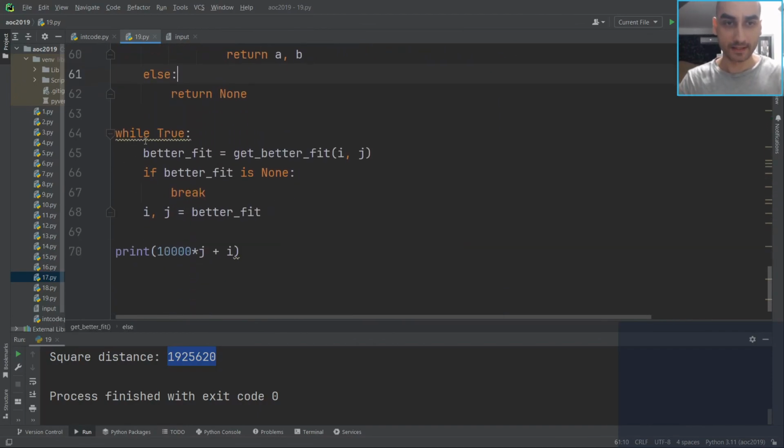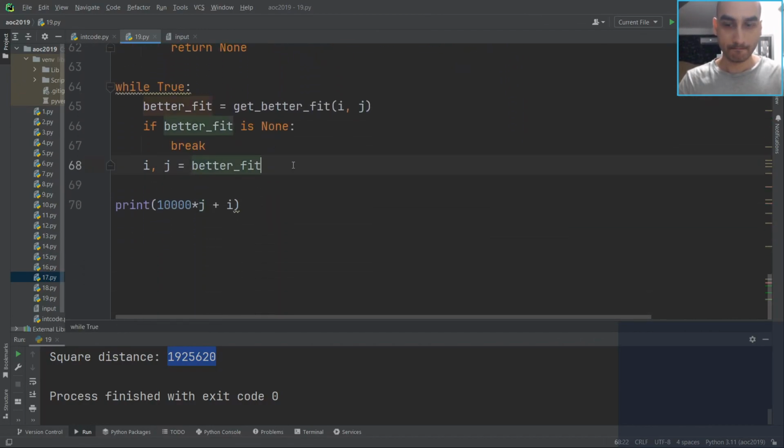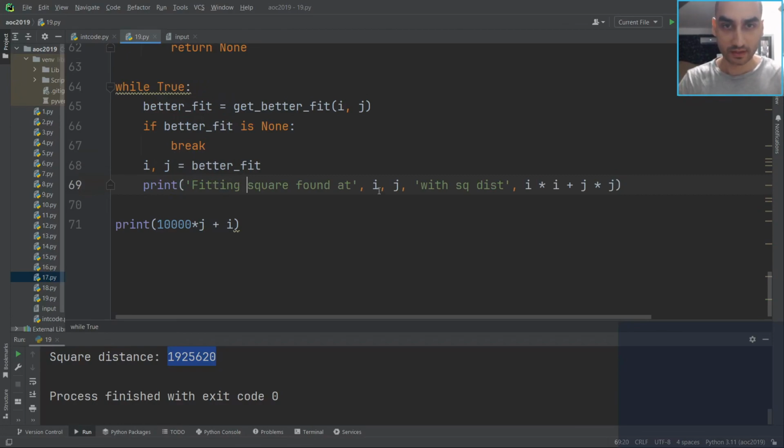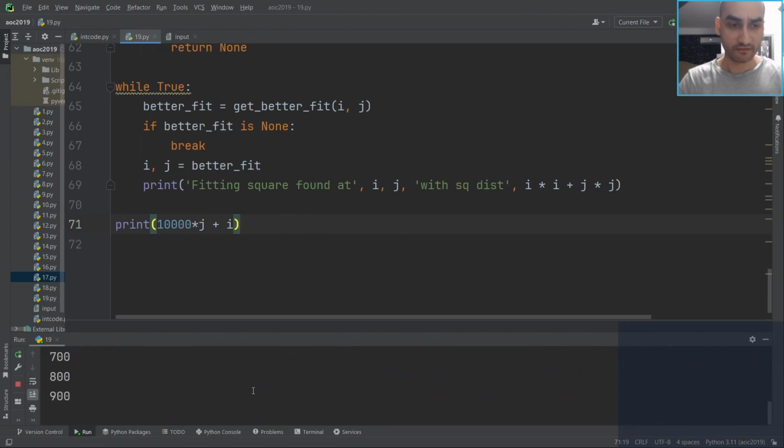Okay, and then we do this. Let's do that: fitting square found at i, j with square distance. Okay, let's see if it decreases. That's along the right tracks if it is. Okay, so we find a fit, and now we run the circle algorithm and just check.